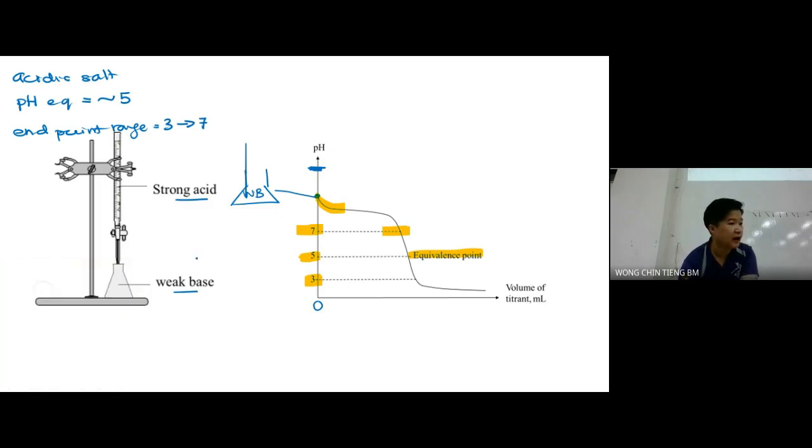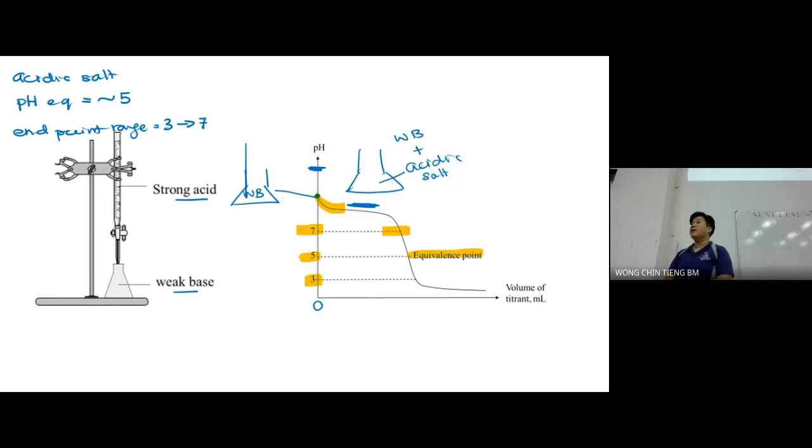So in this area, my conical flask located over here, what does it hold? Acidic salt, strong acid, weak base, right class? See? Alright, the majority of your class has learned this except my class.